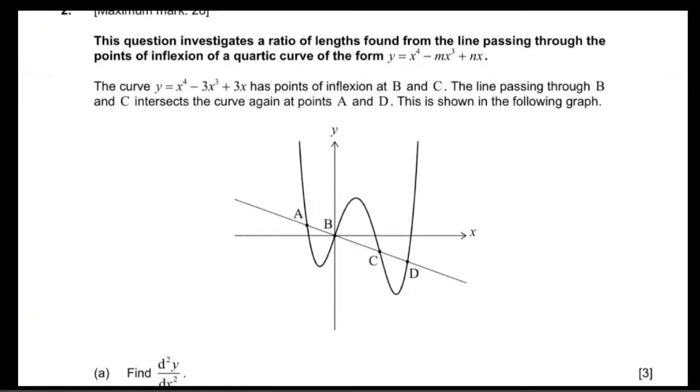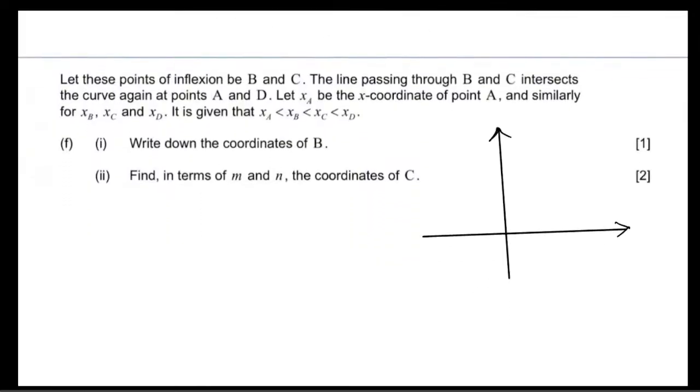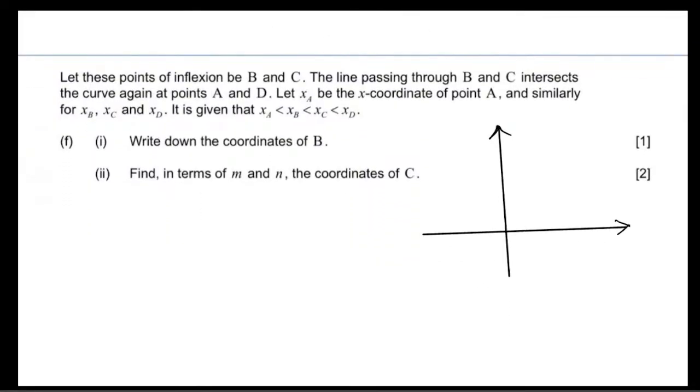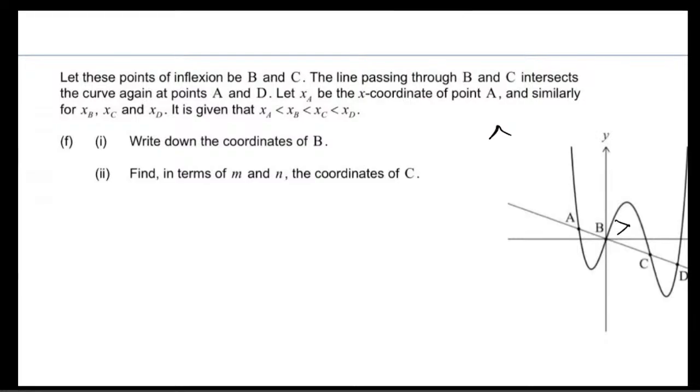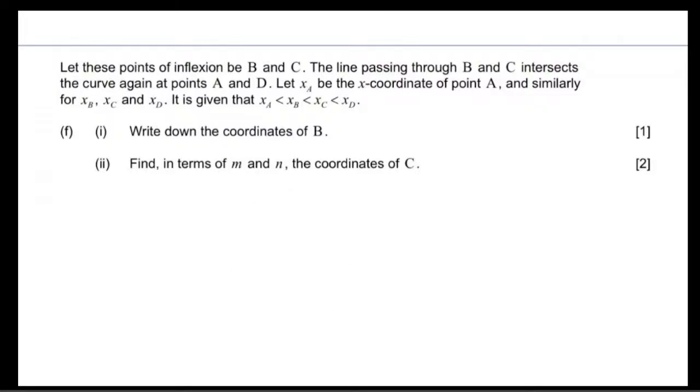Or let me copy the same curve, that will be better rather than drawing by hand. Yeah, okay. So I will erase this one. Yeah, this is the curve, right?